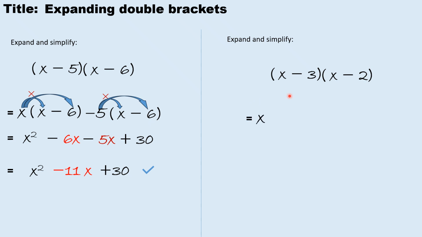So that would be x multiplying throughout our second bracket. Then our minus 3 should multiply throughout our second bracket as well. So now we have single brackets.